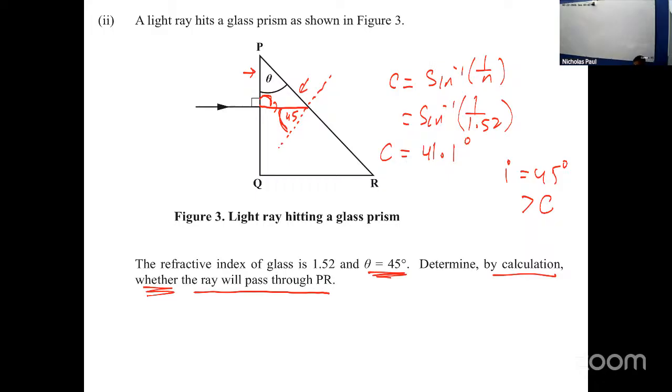So number 1, tell them that the critical angle is 41.1. Therefore, the angle of incidence, which is 45, is greater than the critical angle. And what else? Ashad, what's the next thing?